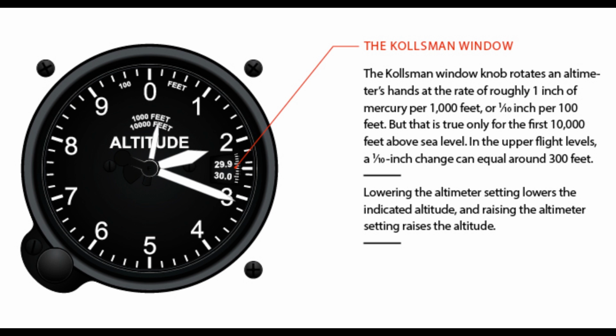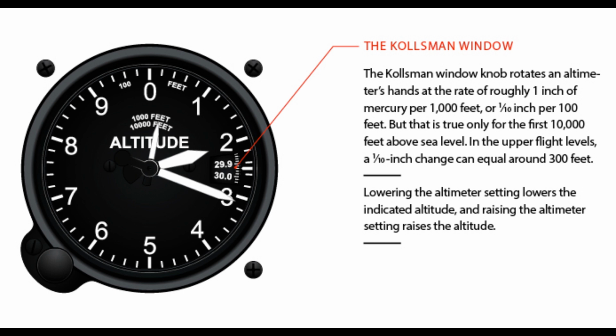Altimeter setting: 29.92 or higher. Correction factor: none. 29.91 to 29.42. Correction factor: 500 feet. 29.41 to 28.92. Correction factor: 1,000 feet. 28.91 to 28.42.